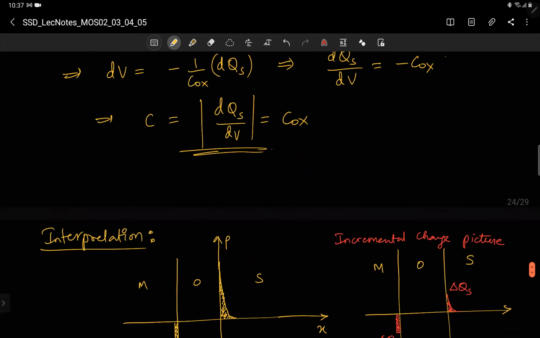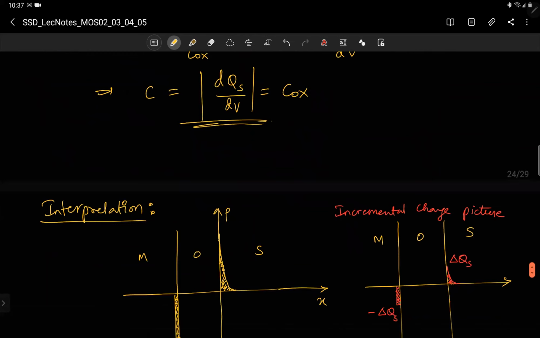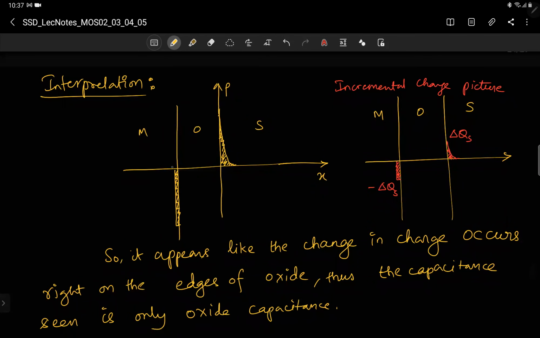So what is the physical interpretation of it? Let us say this is the space charge density picture, the charge picture, for metal oxide semiconductor. You have a charge inside the semiconductor, which is QS, and correspondingly minus QS on the metal.